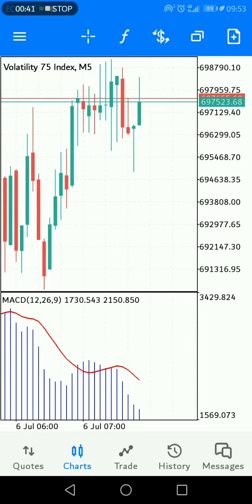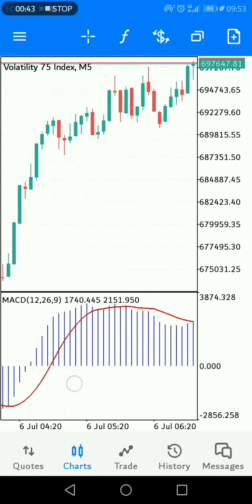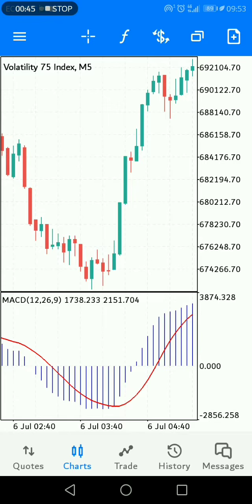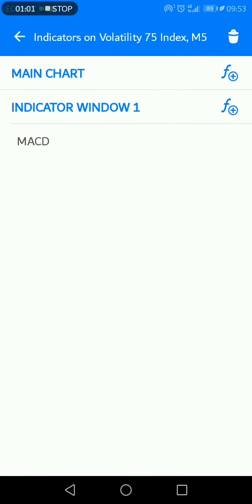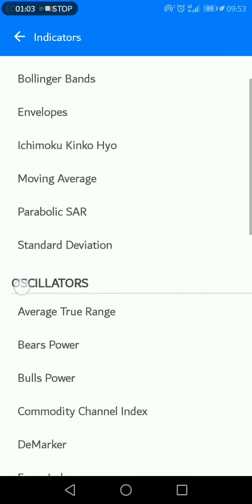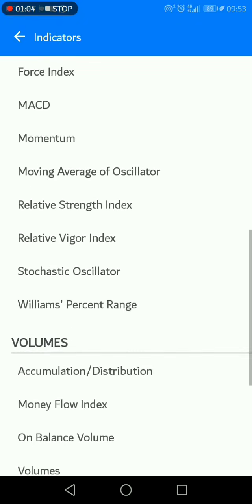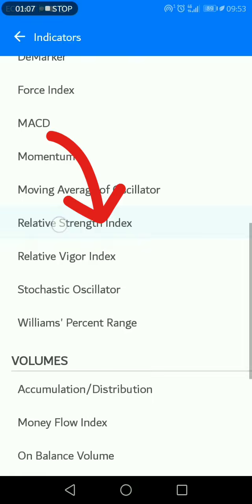Once you click done, the next indicator that you want to place, once you have the MACD right here, is the RSI. But you want the RSI to come on top of the MACD. You want the RSI to measure the oversold and the overbought situation of the MACD, not of the actual candle. So you click on F, you go to indicator window, you click F+, and then you find the relative strength index.